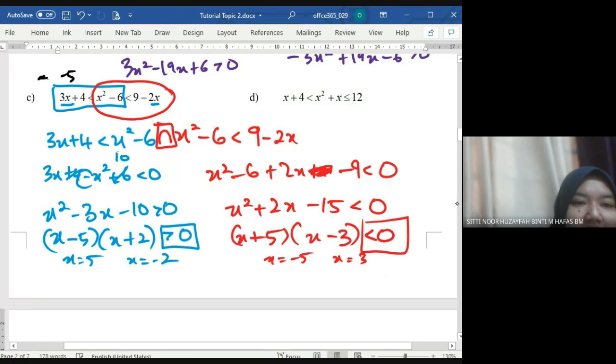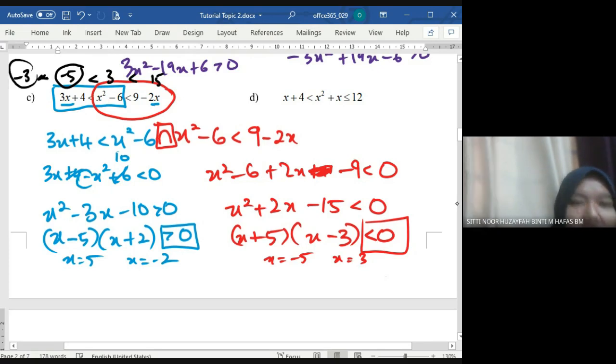Okay, yang belah sini -5. Sini -3 kuasa 2, 9. 9 tolak 6, 3. Sini 9 tolak 2 darab -3. So 9 tambah 6 jadi apa? Jadi 9 tambah 6 jadi 15. So it satisfy.